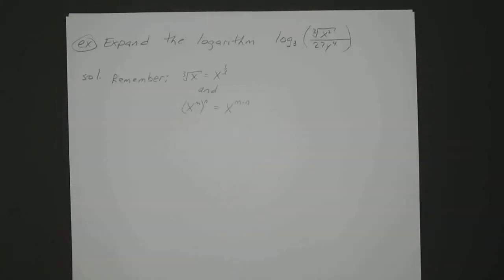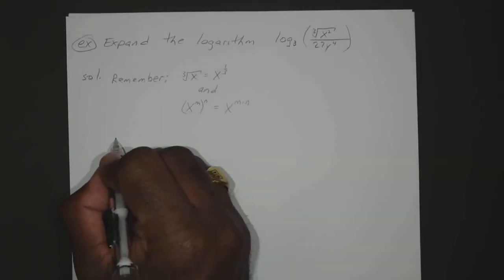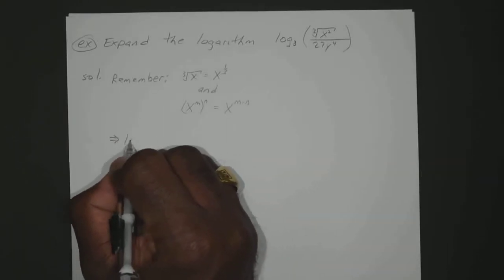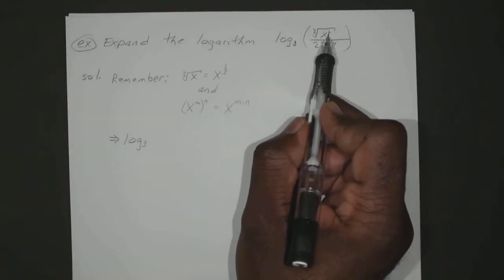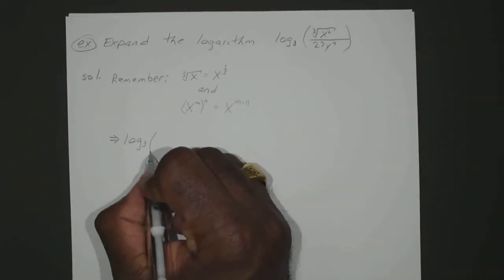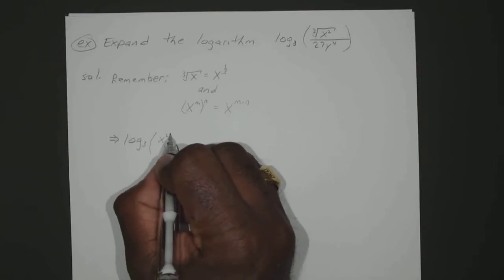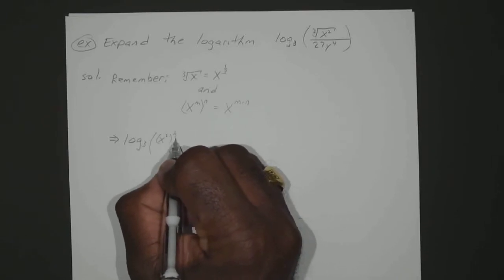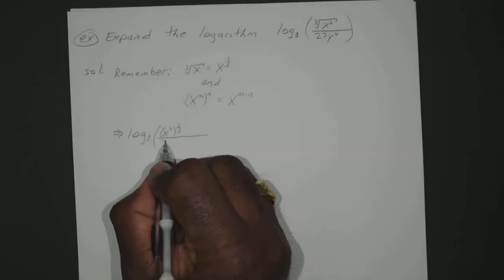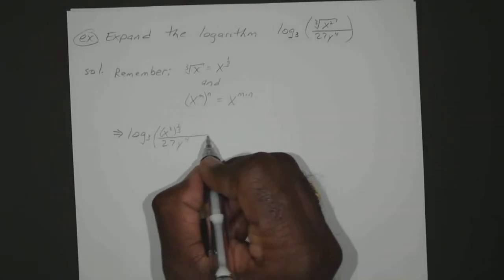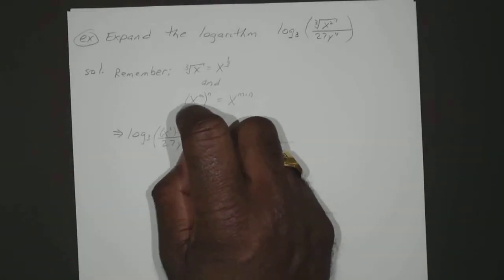Okay, so that means our log base 3 of the cube root of x squared becomes log base 3 of x squared to the 1/3 power divided by 27y to the fourth.